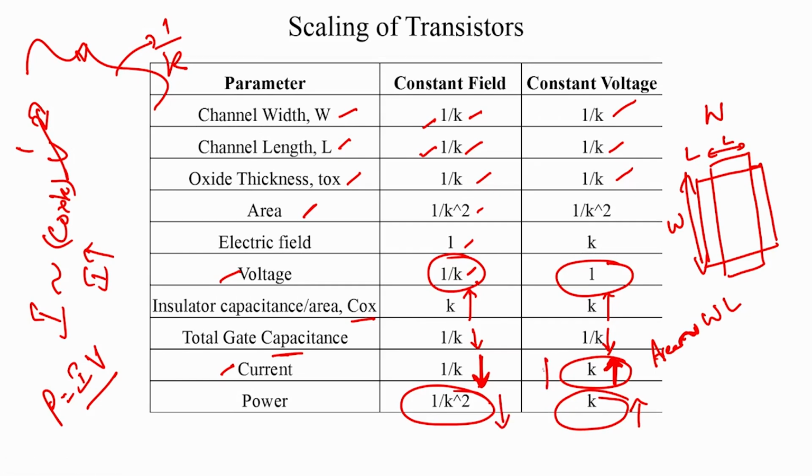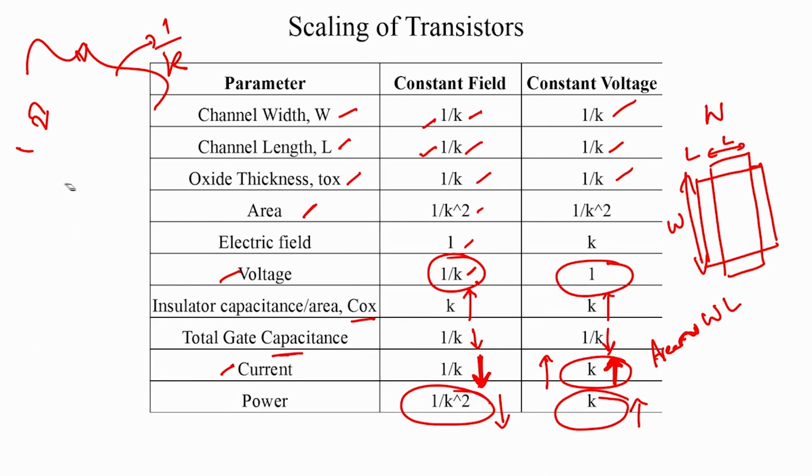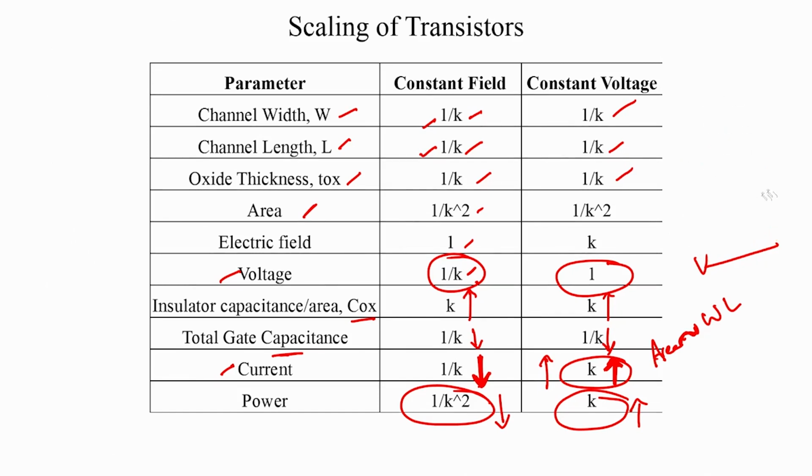Here the current increases, here the current comes down. So, this is how you handle scaling relations. Of course, there are many other parameters one can consider, delay, etc., but we have just talked about some of the basic or the key parameters.